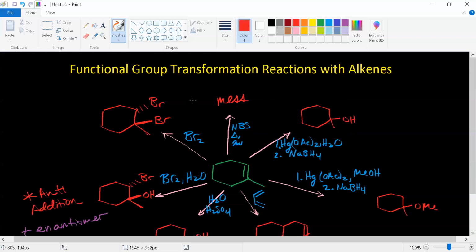So just like that. And again, you could say plus enantiomer. And I guess I should also say that this is an anti-addition.